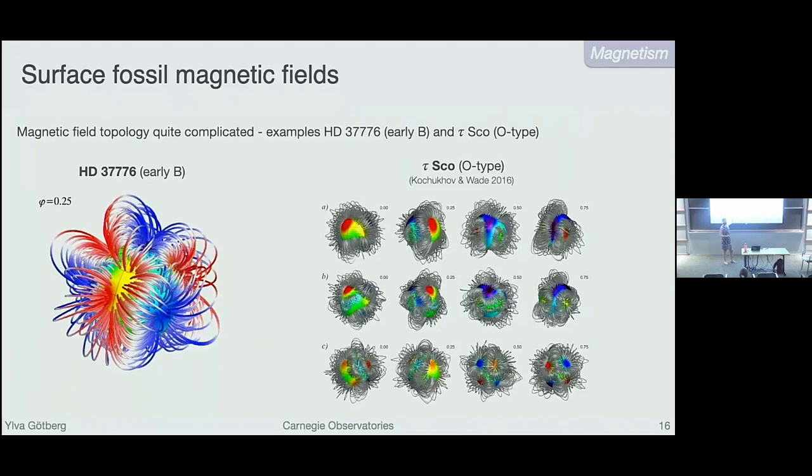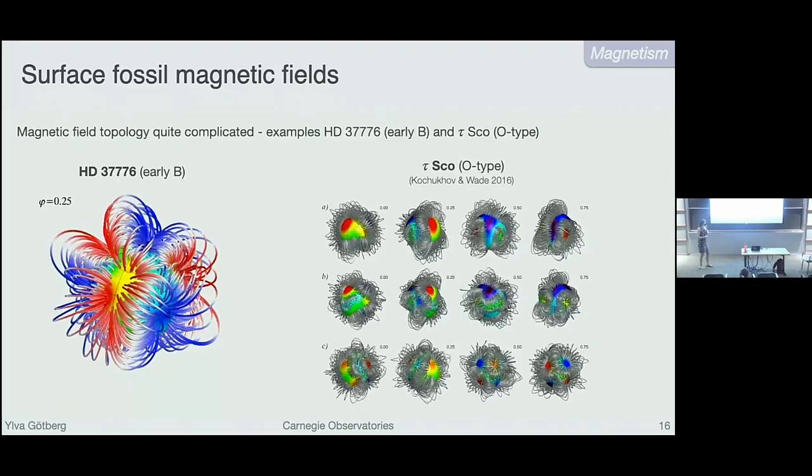Model A is the top row, then B, and then C, and then it's just a viewing angle. This was just to emphasize that this is model dependent. So it can look like that, or like this, or like that. There are still things that we need to resolve, but it seems like the magnetic field morphology is complicated.